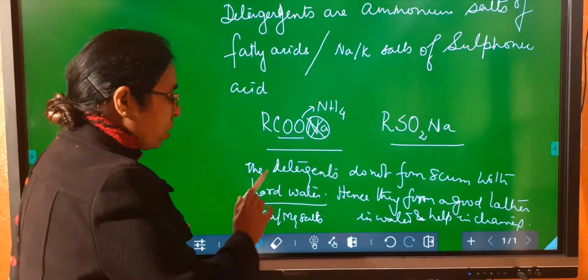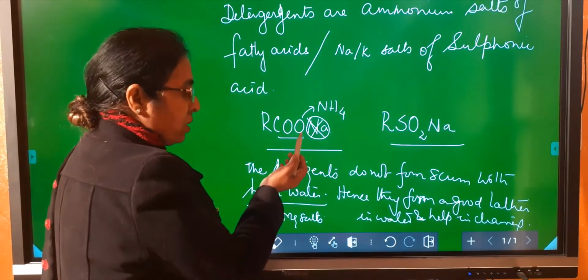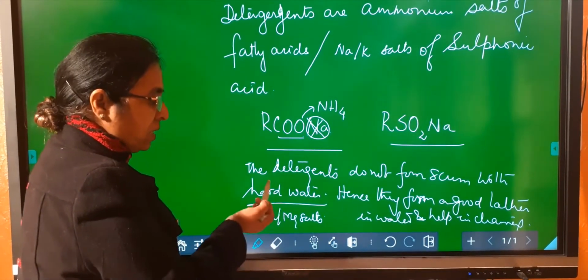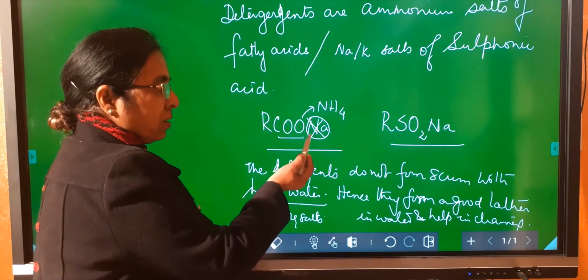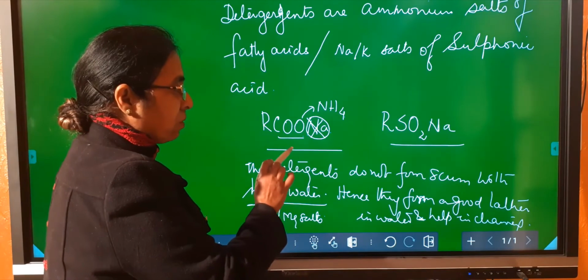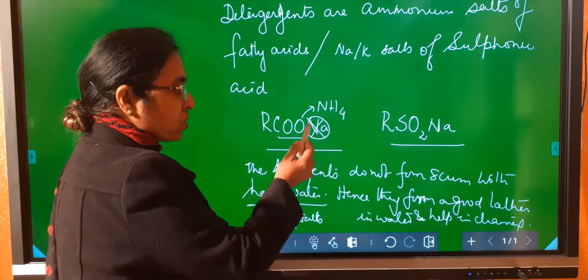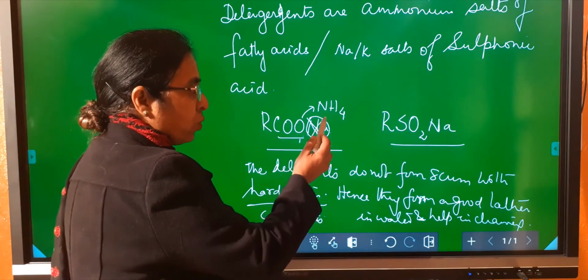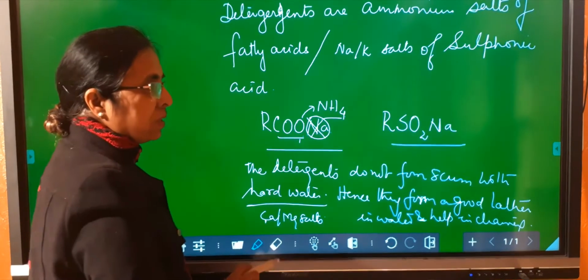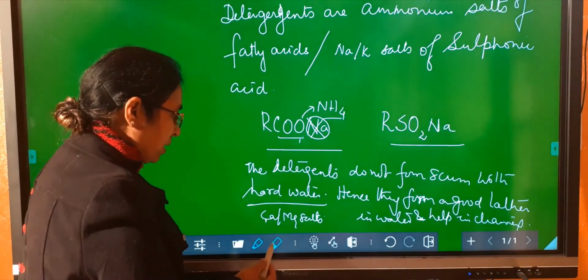Sodium salts react with these salts and form an insoluble scum, so the soap will not form lather. If we use an ammonium salt instead, it becomes a detergent, and this will not react with the calcium and magnesium salts.